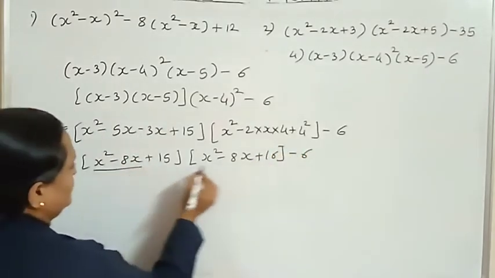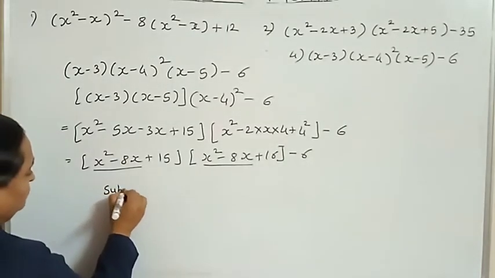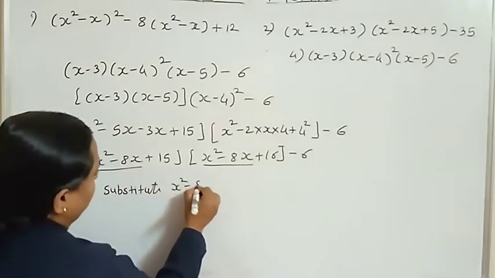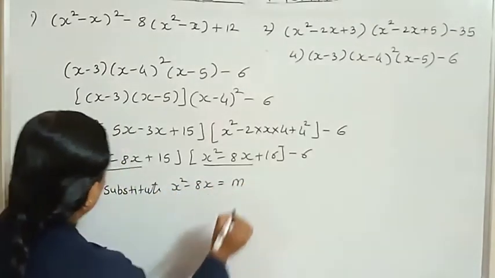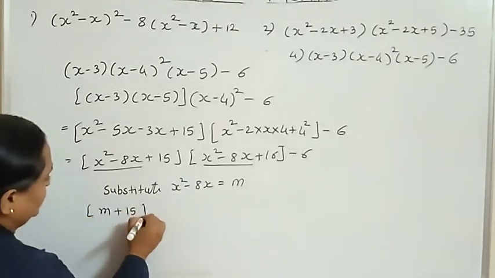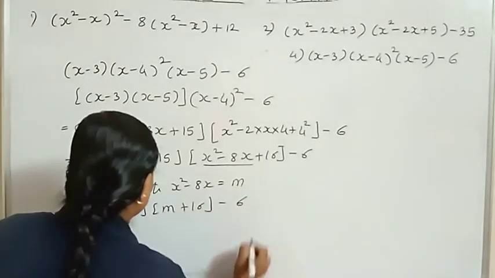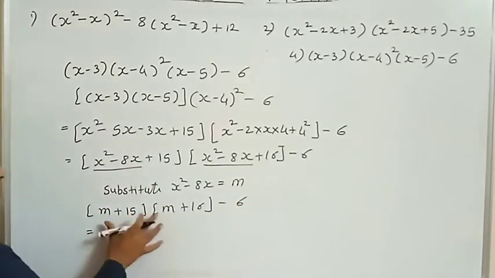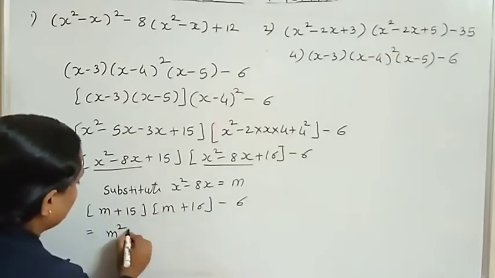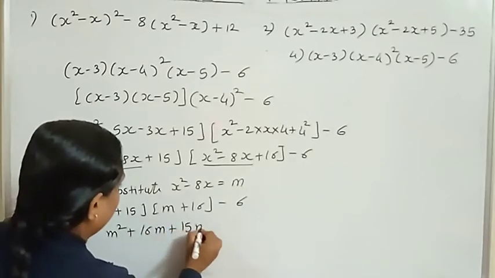Now see x square minus 8x, x square minus 8x, same. Then substitute x square minus 8x is equal to m. We get m plus 15, m plus 16 minus 6. Now again multiplication we have to do there. m into m, m square, m into 16, 16m, 15 into m, 15m.